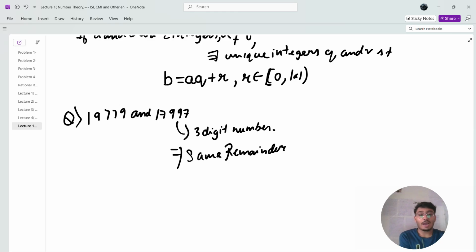What we need to find is the largest such divisor. The 3-digit number becomes my divisor, largest divisor.